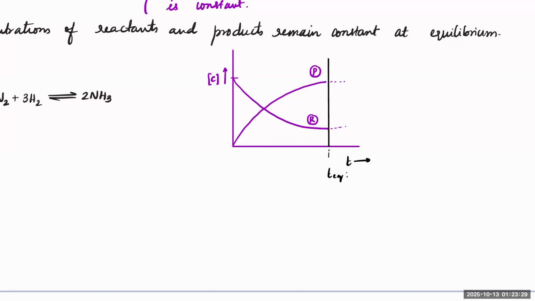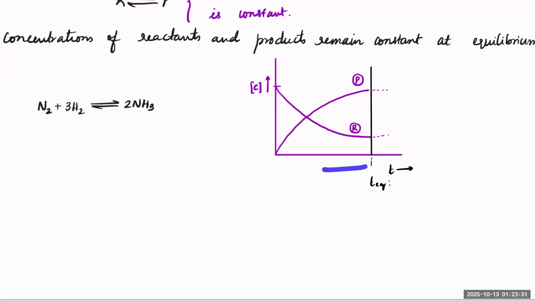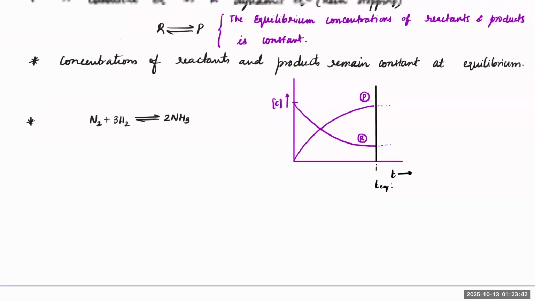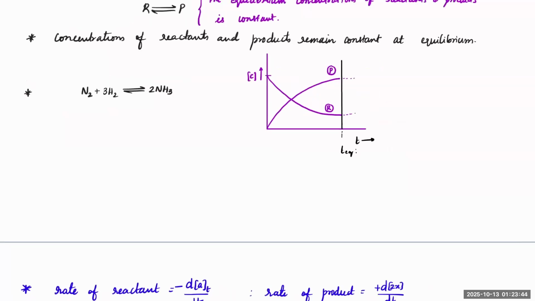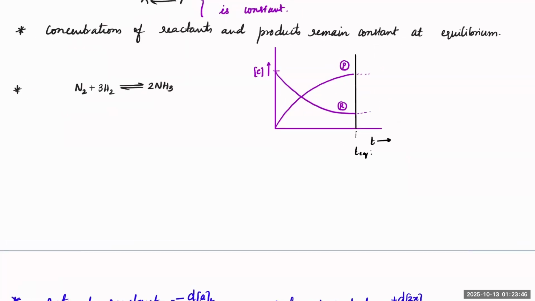That means the time required to reach the equilibrium. Right. After this, the product concentration and the reactant concentration remain constant. Clear? This is how the graph of concentration versus time looks like.